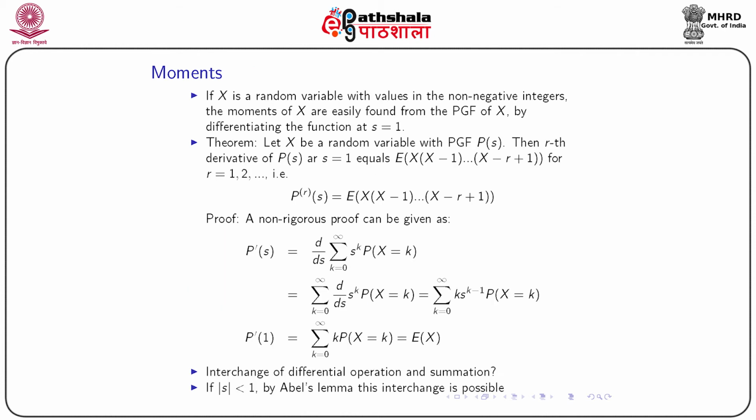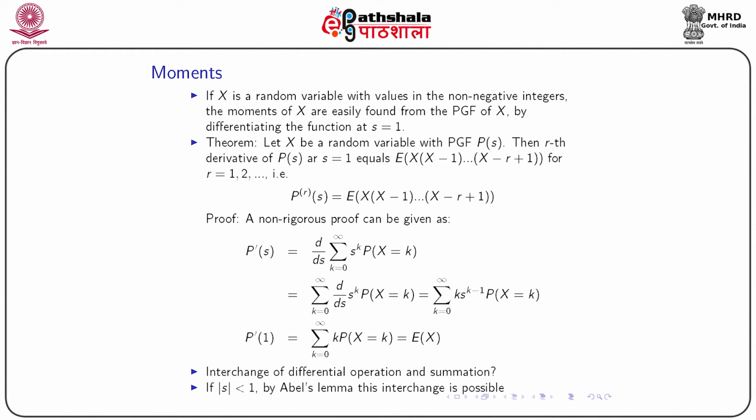Now I'll describe why. Suppose we want to find the moments. If X is a random variable with values in the non-negative integers, the moments of X are easily found from the PGF of X by differentiating the function at s equal to 1. So I have a theorem. Let X be a random variable with probability generating function P(s).